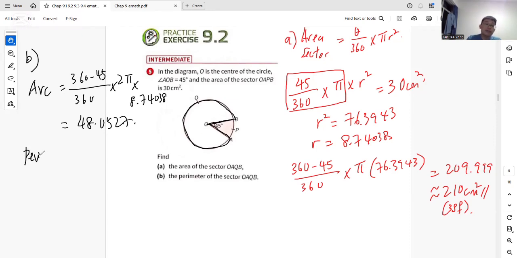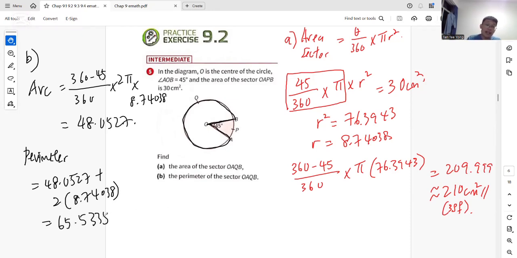So perimeter equals 48.0527 plus 2 times the radius, 8.74038. The answer is 65.5335, round off, 65.5 cm, 3 significant figures. And this is it for question 5.